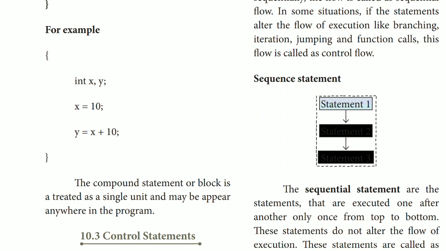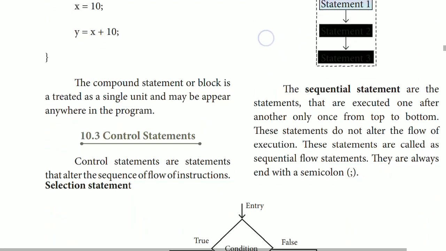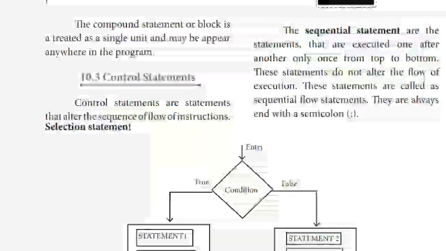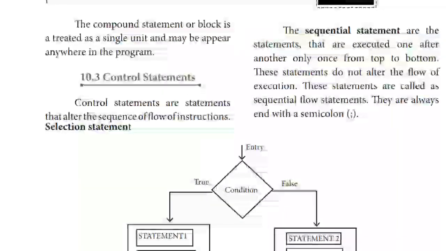The next topic is the control statement. A control statement is a statement that alters the sequence of flow of instructions. If your program starts executing at the top and goes one by one from top to bottom, then when a statement is executed, the flow of control is changed.